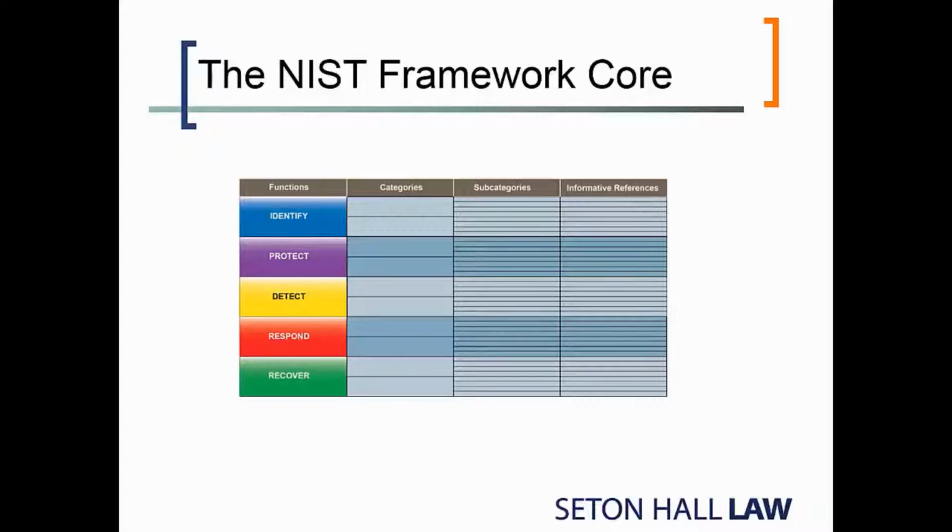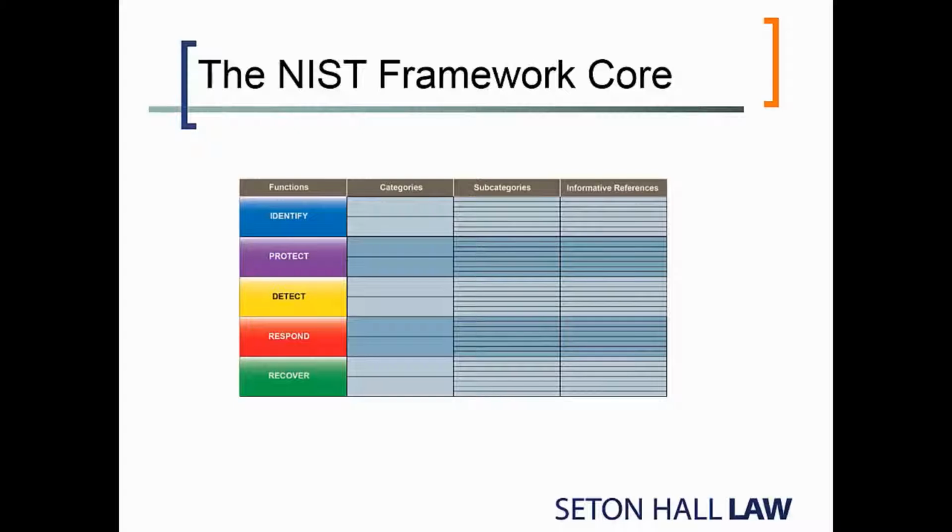And the references will be things like an ISO, an International Organization for Standardization standard, or COBIT, which is a standard that's widely used in the computer security industry. Different kinds of standards that are published that organizations would have access to, and that would provide procedures, take this step, take that step.